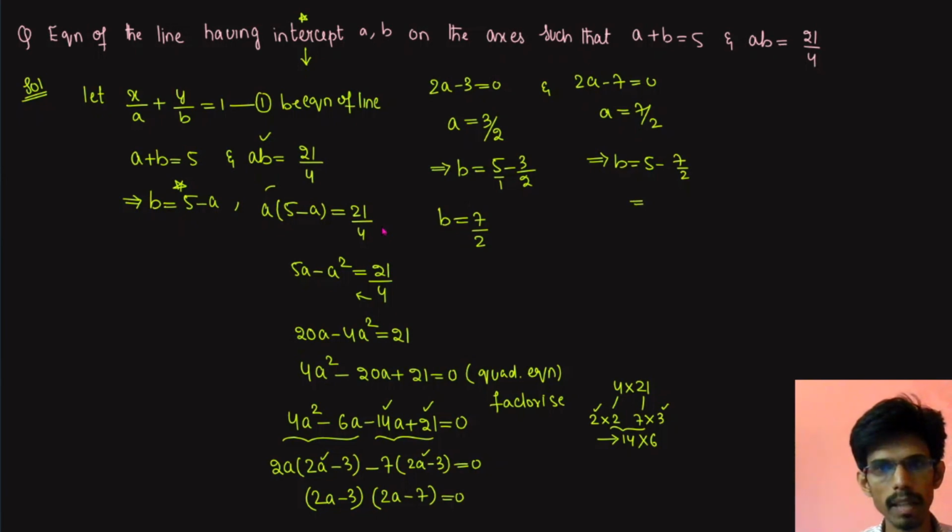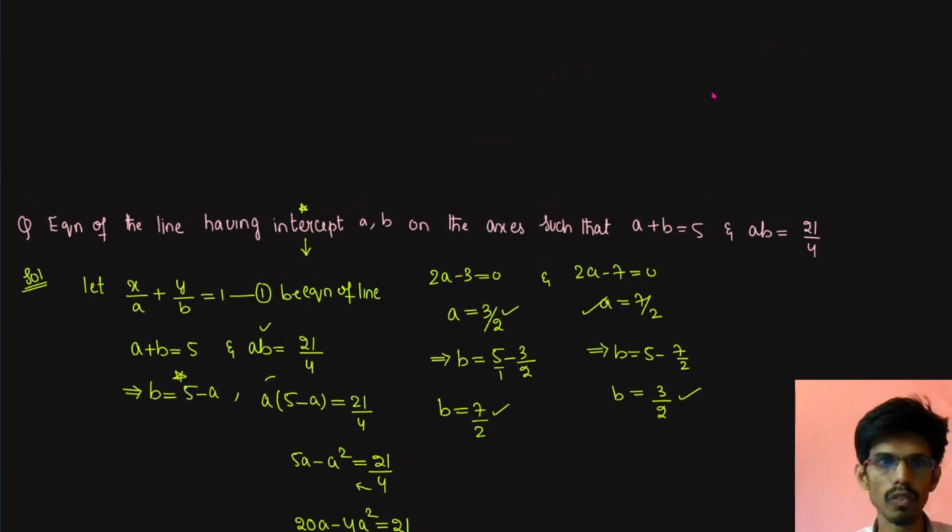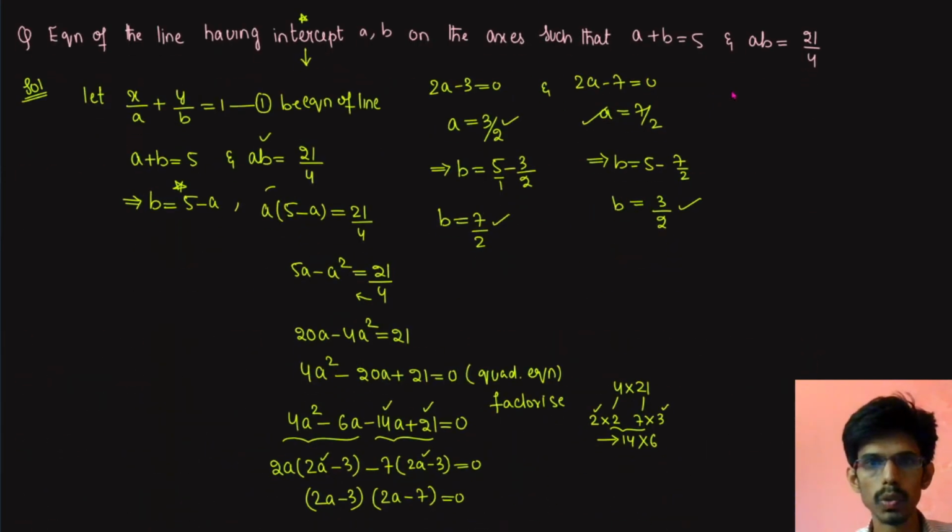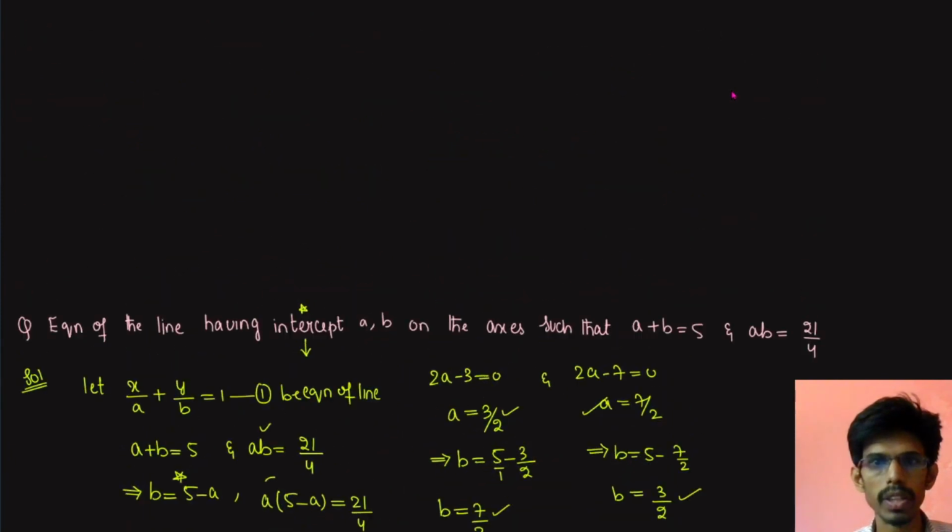So 2 fives are 10, 10 minus 7 will be 3, so I'll get 3 by 2. We got two values for a and b, both are the same only. The value of a is the same as the value of b. So let us take any one of them. Let us take a as 7 by 2 and b as 3 by 2.